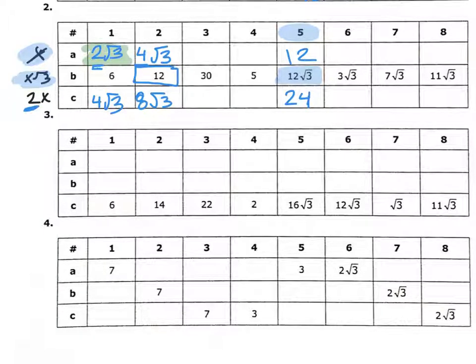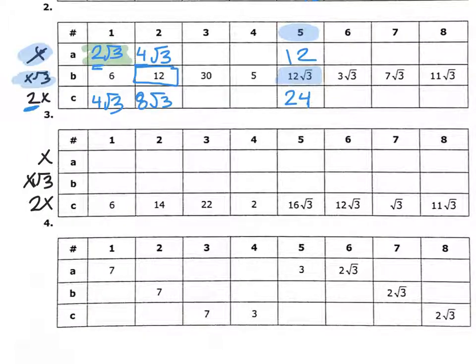Okay, taking a look at problem set 3. Once again, off to the side of my ABC, I'm going to go ahead and put my x, x square root of 3, and then 2x. So on this problem set 3, the hypotenuse was given to us all across the board.